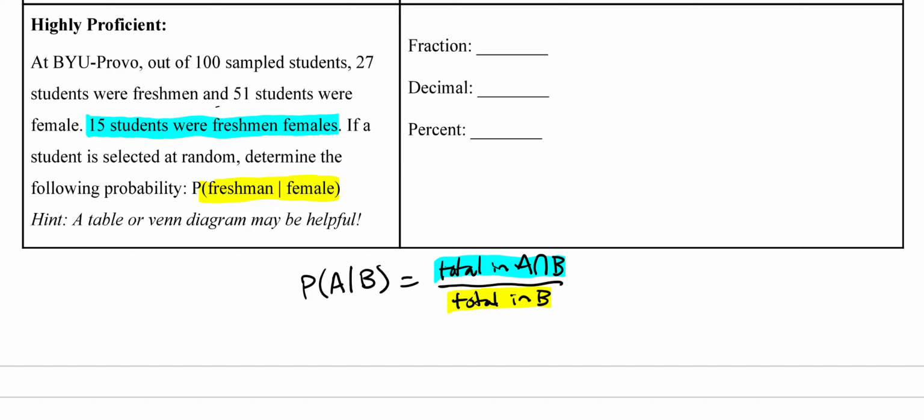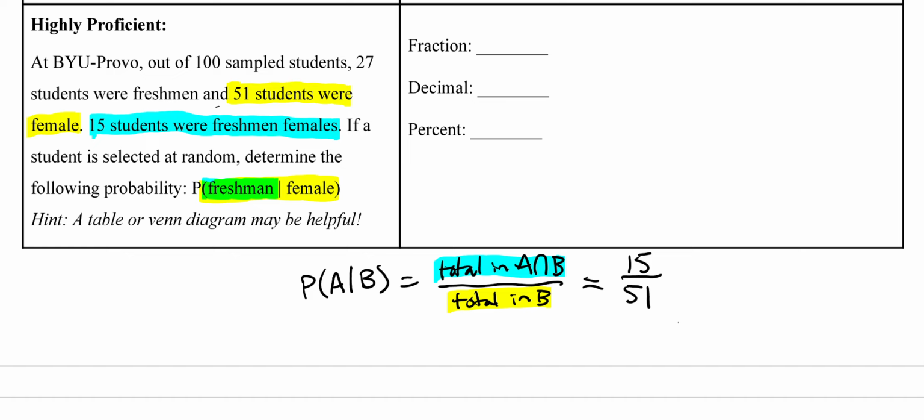The total in B is how many were female, and the total number of freshman females is 15. So in this case, that's 15 out of 51.